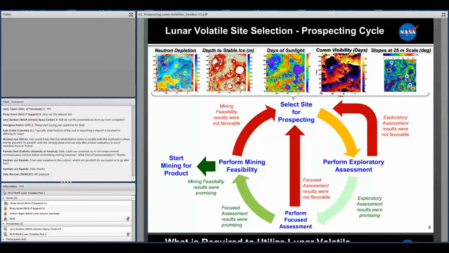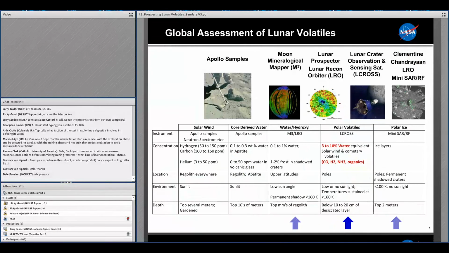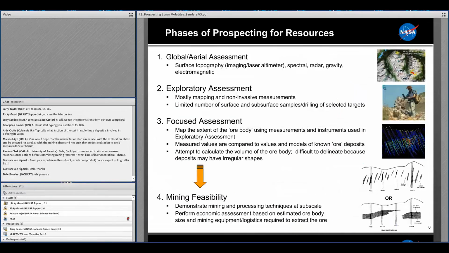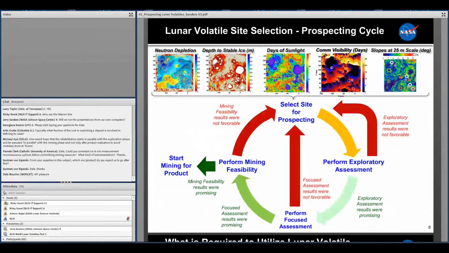If you've got a pretty good feeling that, hey, I got some good information, you now go to the more focused assessment. Once again, you may hit a null set of data that said, well, while it looked initially interesting, we had more of the situation like here than we had here at our location. So I think I'll go back to square one and try to find another site.